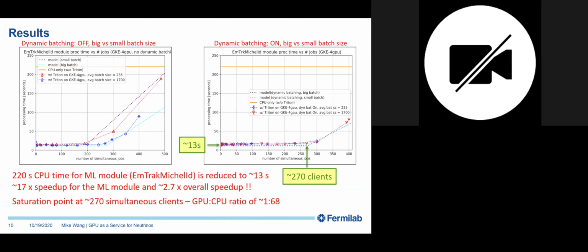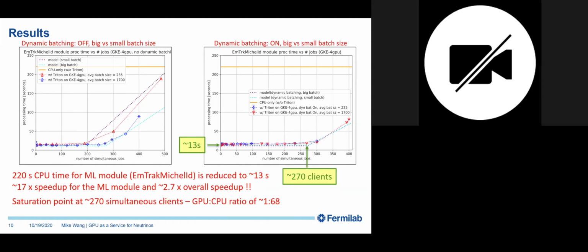The orange line is a reference line of 220 seconds, which is the time it took to run the machine learning algorithm on a CPU. And the dotted lines are predictions of a simplified model, which is described in more detail in the longer talk. The thing to pay attention to is the saturation point on the right hand plot of 270 clients.